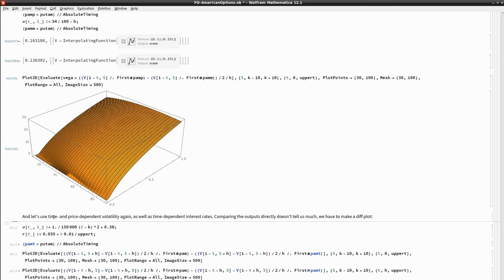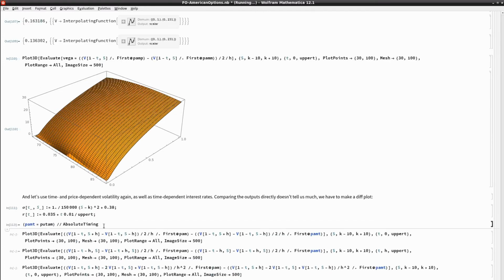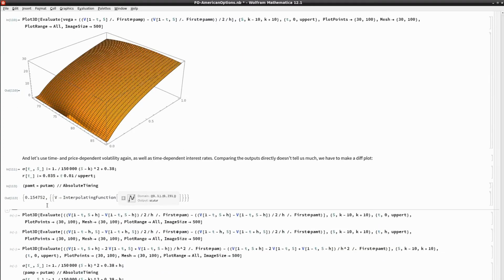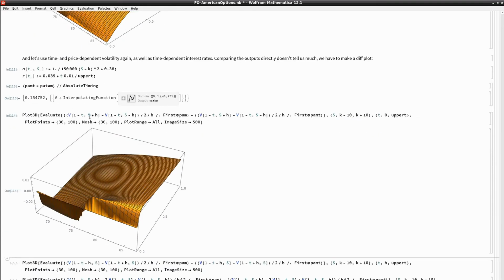We can also do this for time and price dependent volatility again, right? One of the beauties that I've pointed out, we can use time and price dependent volatility, and we can use time dependent interest rate. So if we do that here, then we are computing our American put, and then here let's do our secant rule. You see that here we are plus h on one, minus h on the one that we subtract here, divide by 2h, and here we see really a difference between them.